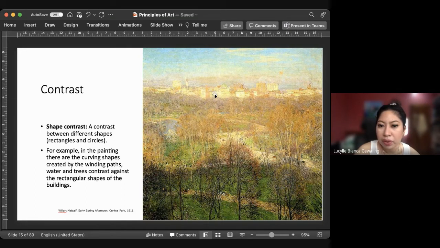And also this one, the road, for example, is winding, curving. But if you see the contrast in the building here, it is very geometric. So it gives highlight to the building here at some point.